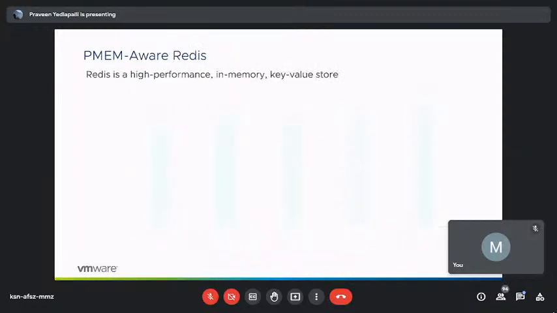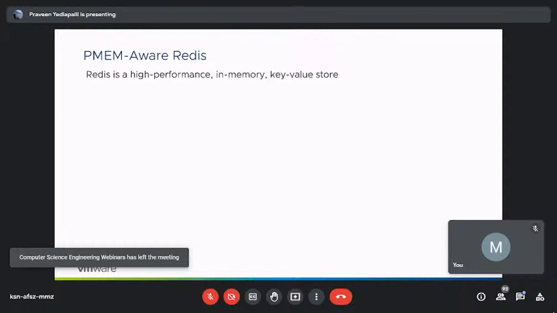Now, the other application that is changed is Redis. Redis is a high performance in-memory key value store. So it's a database, but everything sits in memory. It doesn't write into SSD. It doesn't read from SSD. So it's a very high speed, high performance database. But like I said, because everything is in memory, if you power off the system, it goes away.